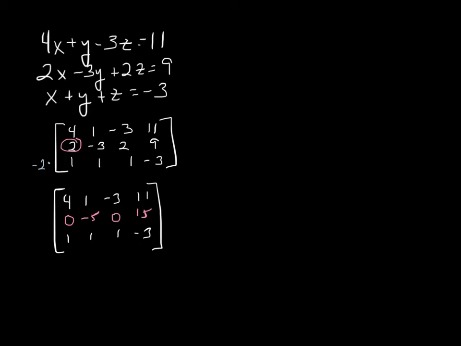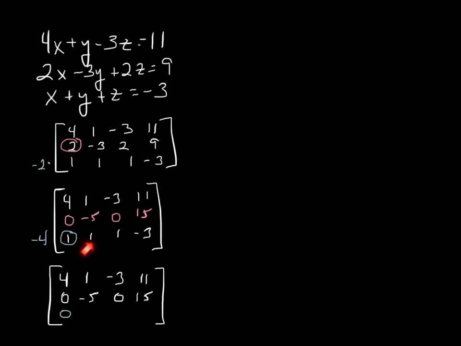All right, now let's get rid of that 1 over here. So we can rewrite the first and the second equation. And if we multiply the third row by negative 4 and add it to the first, we'll get a 0. So negative 4 times 1 plus 4 is 0.